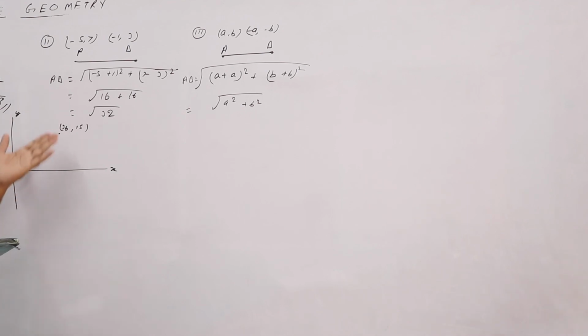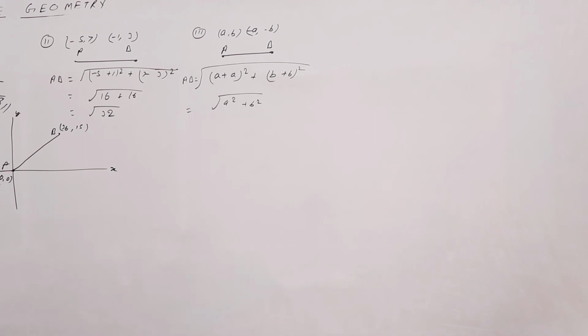Find what is the square of 36? 36 into 36, I am saying to find. See here. So AB is equal to root of (36 minus 0) square plus (15 minus 0) square. That is, root of 36 square plus 15 square. So how much is 36 square? Anybody find it? 6 sixes are 36.